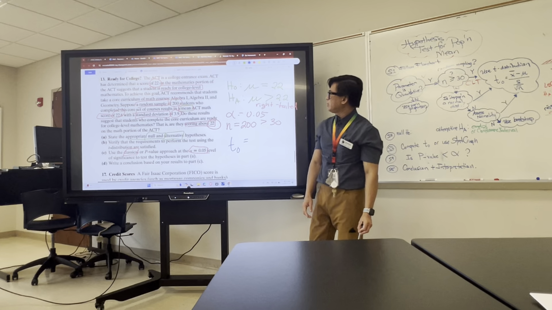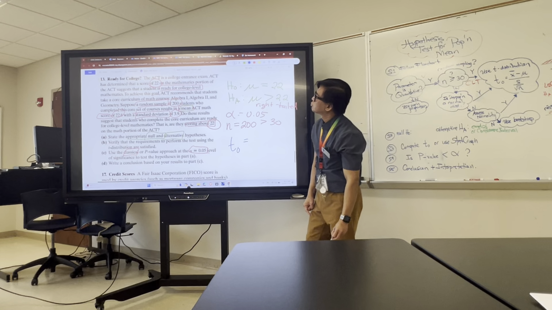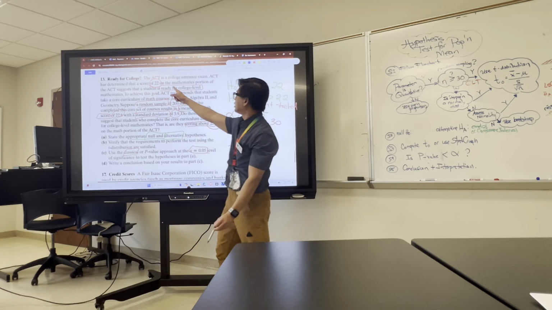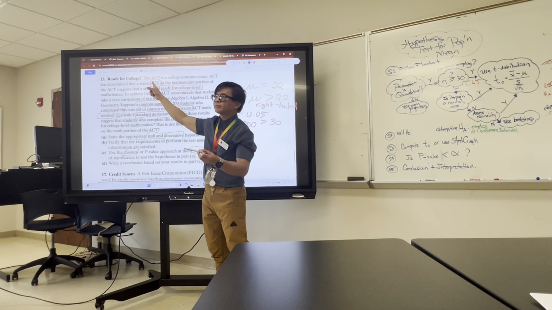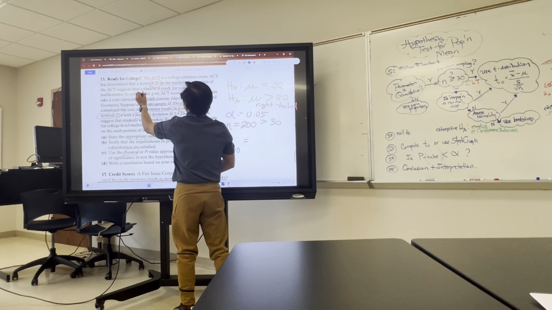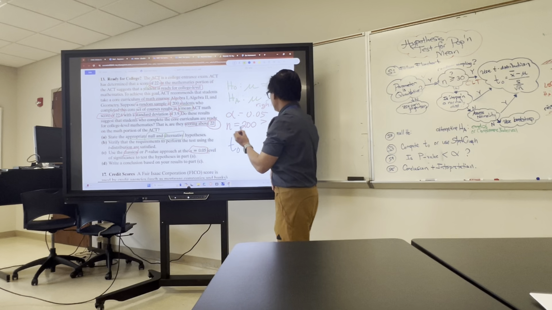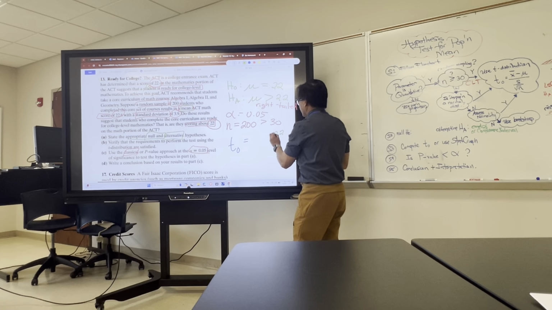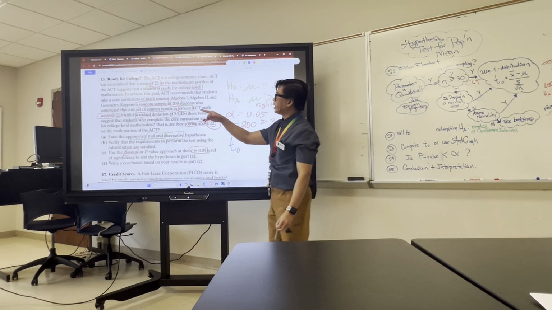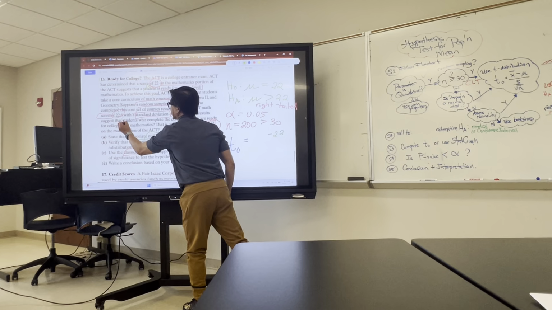What's your sample mean? 22. Is 22 the mean of the sample? Oh, the population. Very good, so that's the mu, that's 22. But what is the mean of the sample out of 200? 22.6. Very good, so this is your x bar.